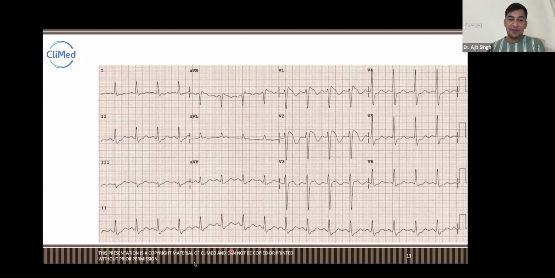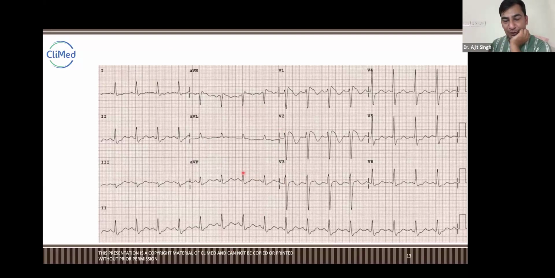What is this? RBBB or LBBB? LBBB. This is also RBBB.